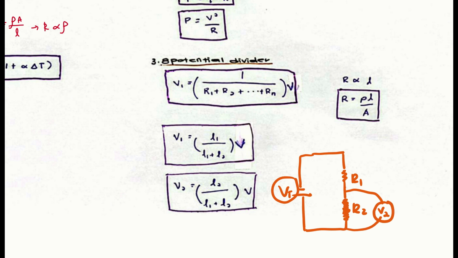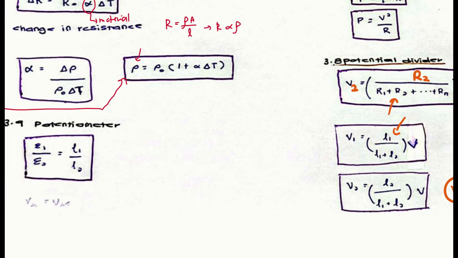We control the resistance. For example, we have here V2. So if we want to get V2, here it is R2, and here R total, where R total is R1 plus R2, times the V total. You can also express this equation in terms of length, because resistance is directly proportional to the length.